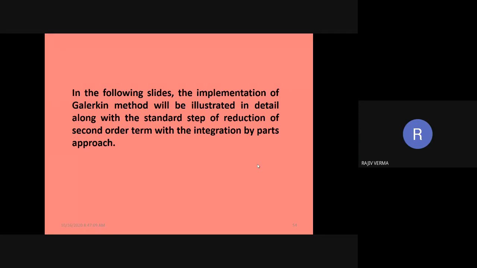So depending upon the unknowns in your trial function, you are going to have that many shape functions which are multiplied. This we have done already in the previous class, so I suppose you can refer back to your lecture notes of yesterday to revise it. But today we are going to reduce the second order term to an equivalent first order term.